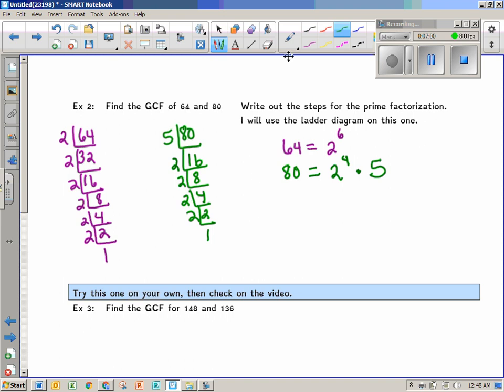So the GCF, greatest common factor, well, they have some 2's in common, but they both only have 4. That's what they have in common. So 2 to the 4th, or the least power of your common factors, is your GCF, and 2 to the 4th is 16.